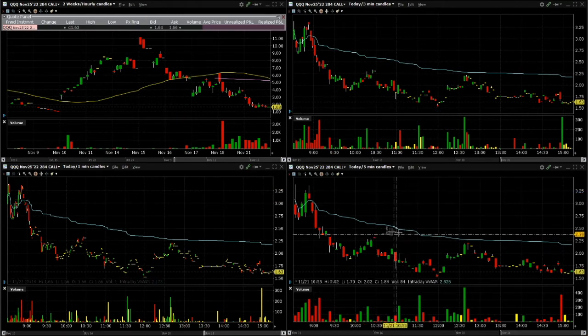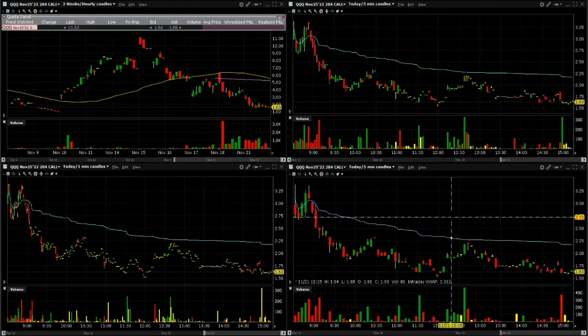And this light blue line here is the daily VWAP. That's the volume weighted average price. So it's essentially the value of all the trades divided by the volume traded for the day to get an overall average price for the day.